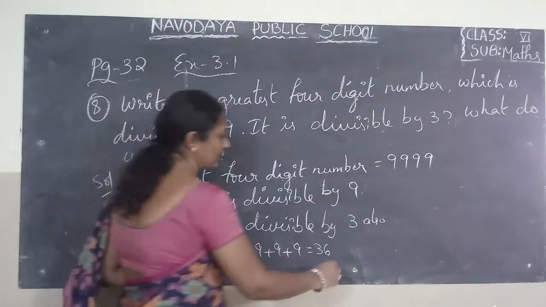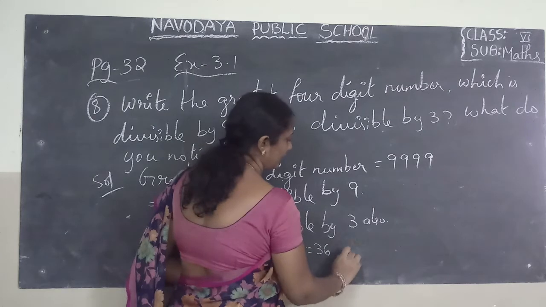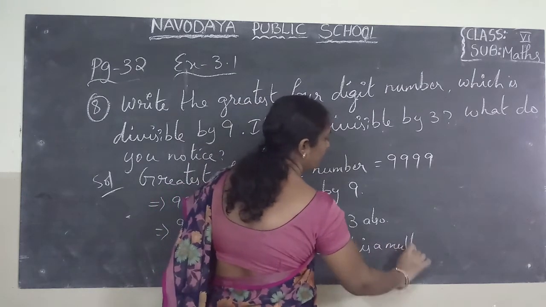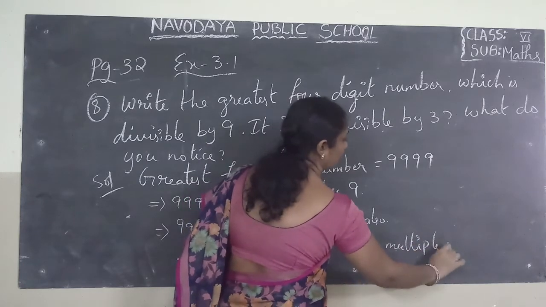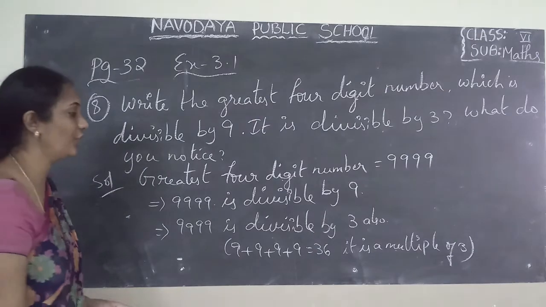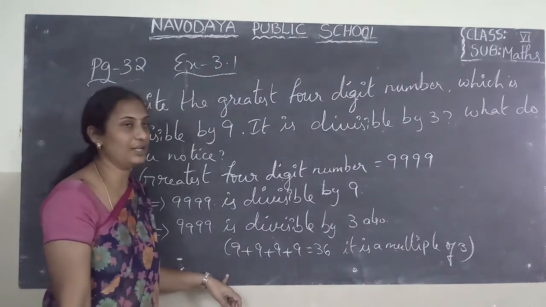Yes. It is a multiple of 3. So do you understand, Anna, what you notice here? 36 is a multiple of 3.